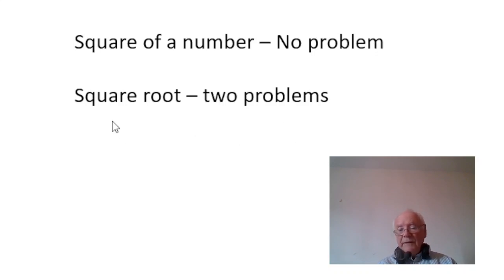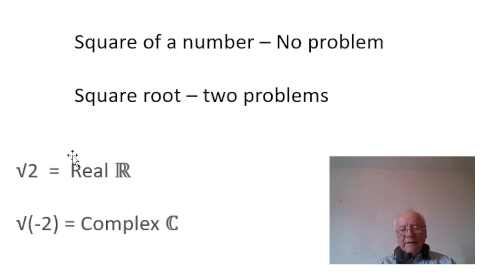But if we take the square root, which is the inverse of the square, we find there are 2 problems. The first problem is if we take something like the square root of 2. The square root of 2 is not a quotient number. You can't write the square root of 2 as the ratio of two Z numbers.